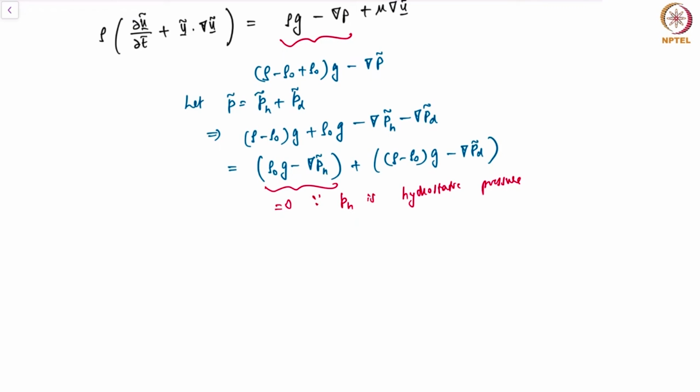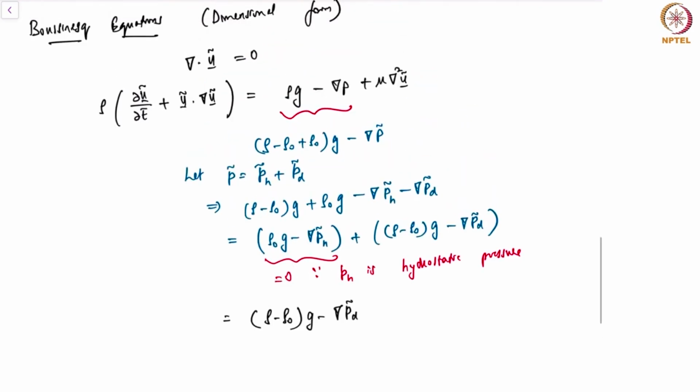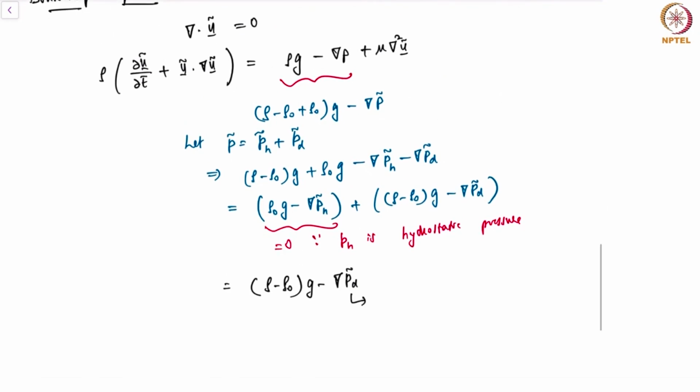Right? Now what we then have is just rho minus rho naught times g minus grad PD. This is what we have, where PD here is the dynamic pressure.